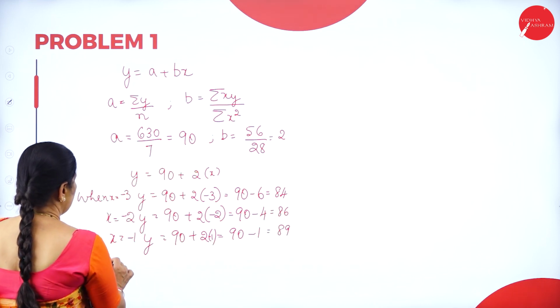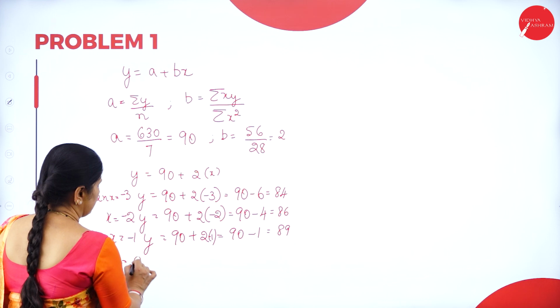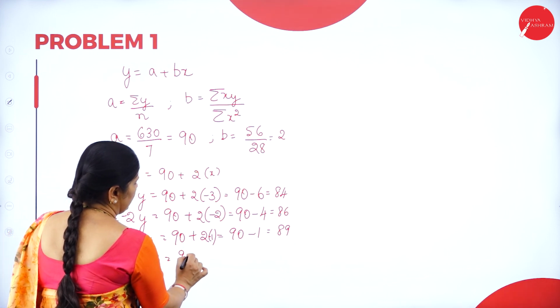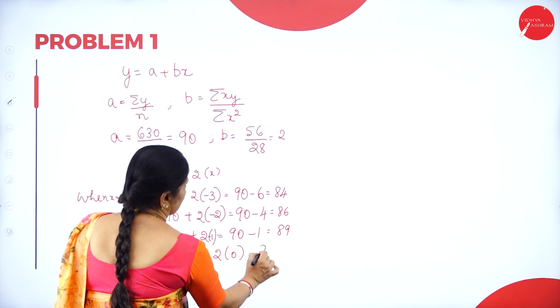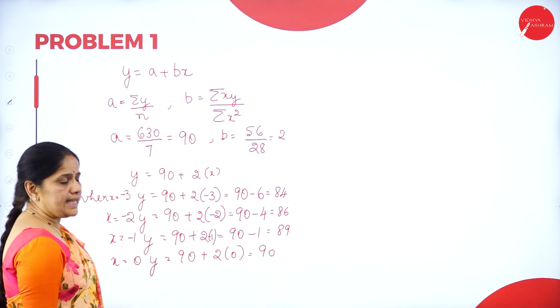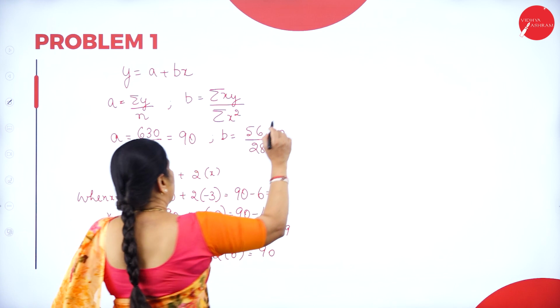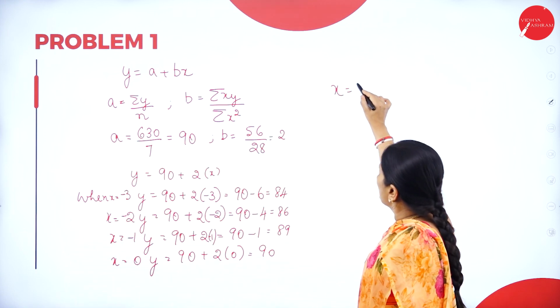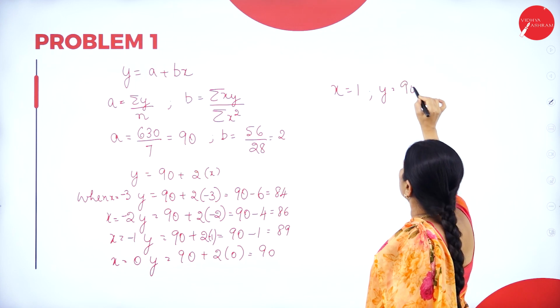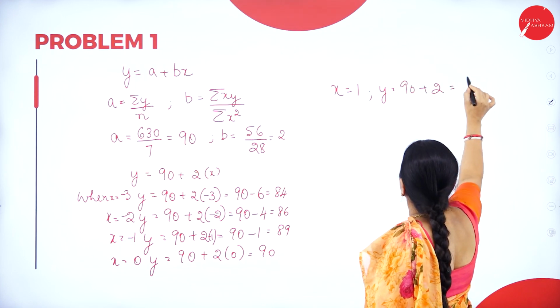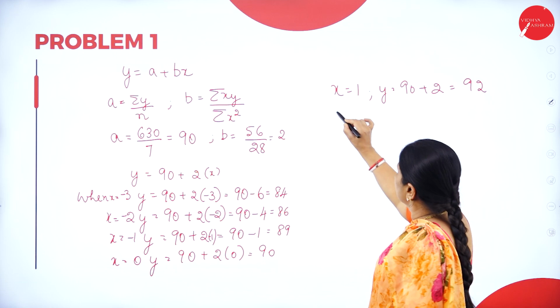Next, when x equals 0, y will be equal to 90 plus 2 into 0, that is equal to 90. Then when x equals 1, y equals 90 plus 2, that is equal to 92.